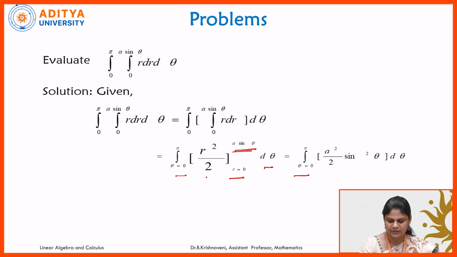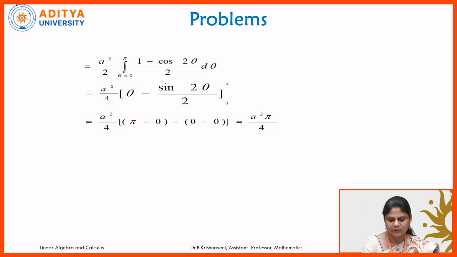Substitute the upper limit, r equal to a sin theta, r square means a square sin square theta by 2, minus the lower limit. If you substitute r equal to 0, the lower limit becomes 0. Therefore this is equal to integral theta equal to 0 to pi, a square by 2 sin square theta d theta. Take a square by 2 outside the integration since it is a constant.